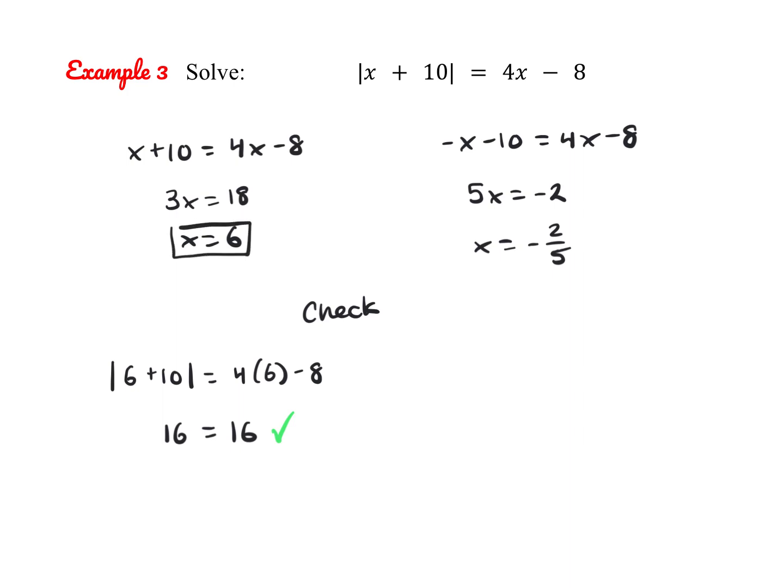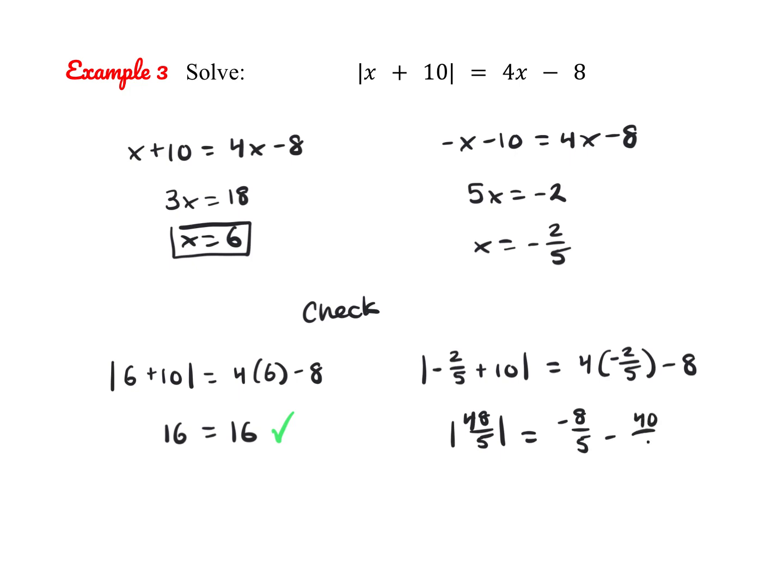Now let's plug in negative 2/5. So here we have the absolute value of 48/5 equals negative 8/5 minus 40/5.